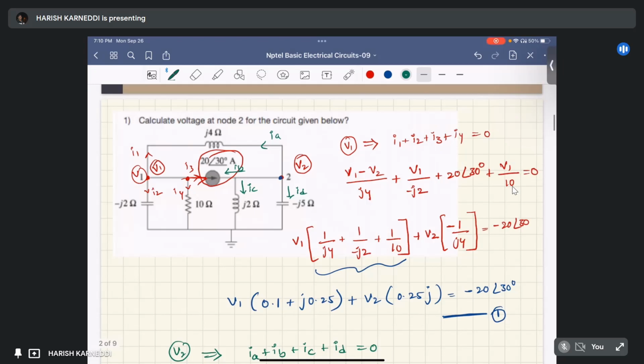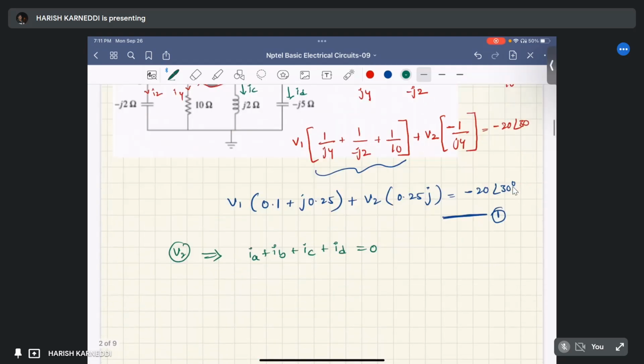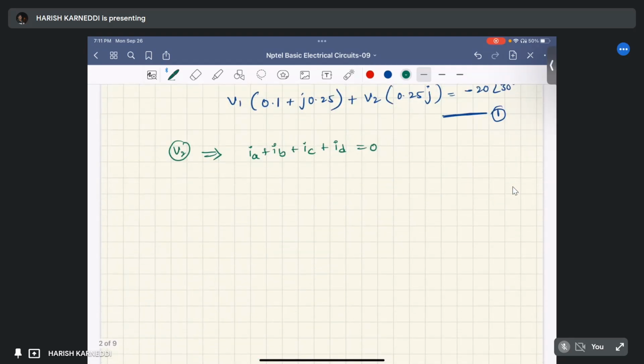How can we write IA? IA is the current flowing through the j4 ohm, in this direction. It is the potential difference across this j4 ohm. We consider this as the reference potential, it is V2, and this is V1. So the potential difference is V2 minus V1 by j4 ohm.